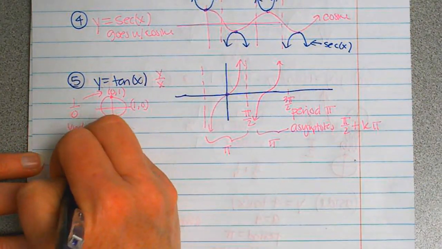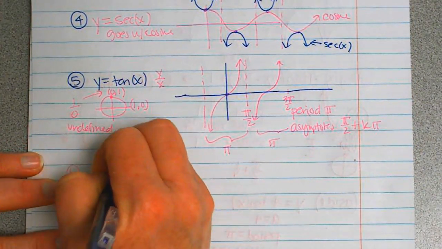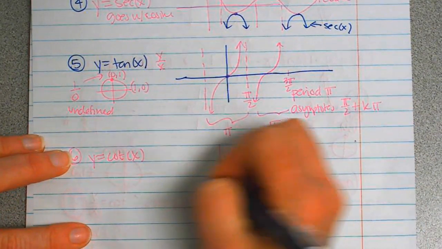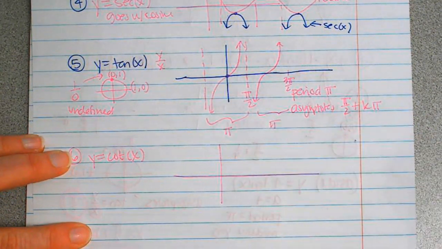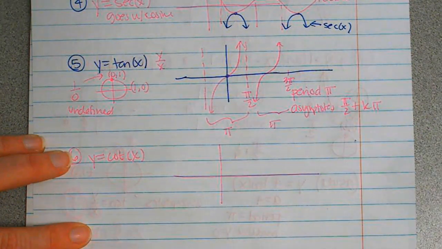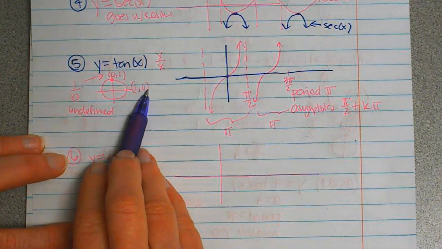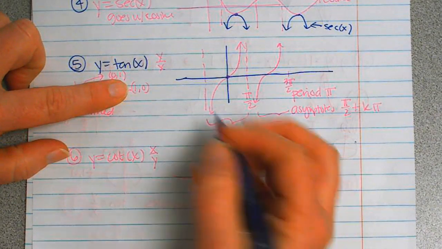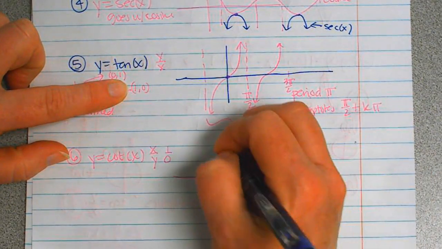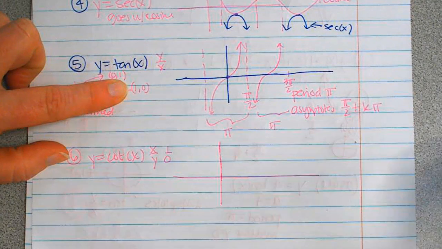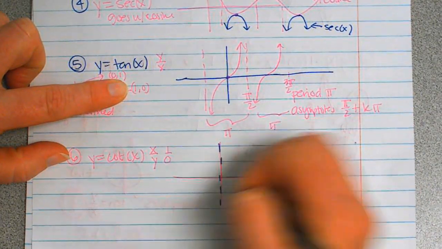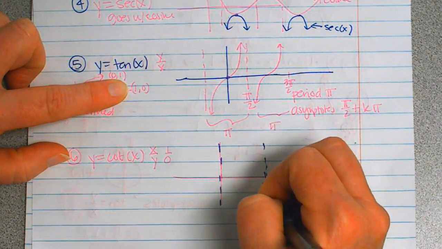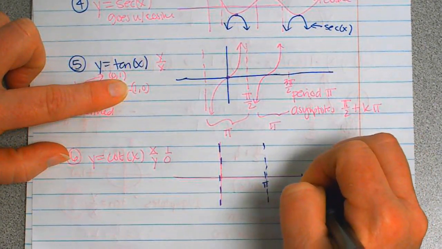And then 6, y equals cotangent of whatever the angle is, doesn't go through the origin. In fact, at 0, when you flip it over, if you said cotangent is x over y, this one is 1 over 0. It's undefined at 0. The asymptotes are on the axis. And then at pi, 2 pi.